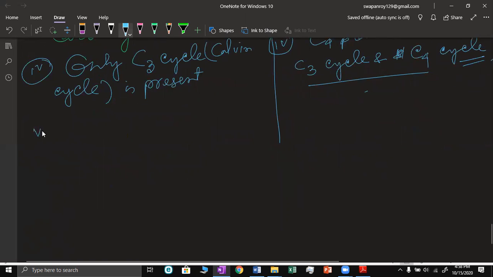Here another difference is there. In C3 plants, the light reaction and the dark reaction, particularly the Calvin cycle, take place within the same type of cell.